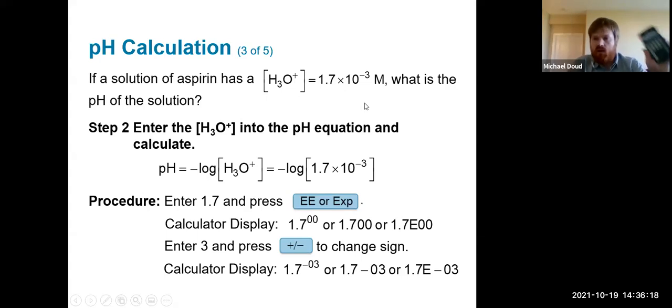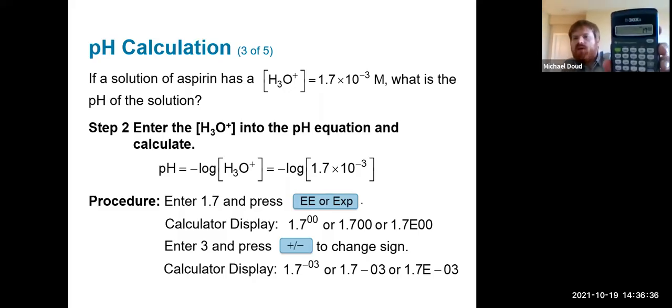The way I do that on my simple standard scientific calculator is I enter 1.7 and use the exponential button, which in my case is EE, and then the negative 3rd power. So 1.7 times 10 to the negative 3rd. Hopefully you're pretty good at that by now. If you have trouble with that, just let me know.